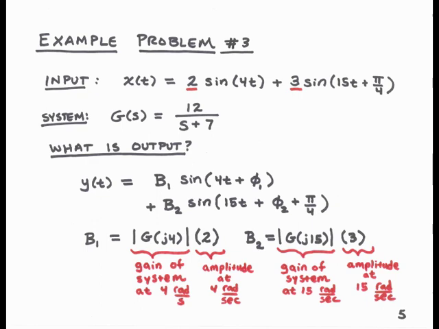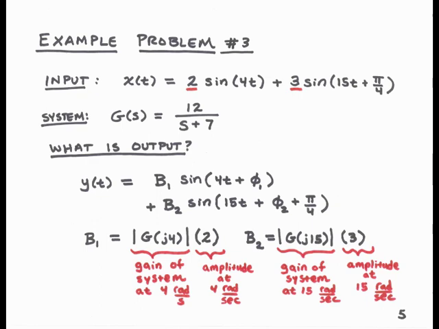We know from superposition that the output will be the sum of two sine waves, one at 4 radians per second and the other at 15 radians per second, because these are the frequencies that are present in the input. So we'll write a general form. y of t equals b1 sine(4t plus phi1) plus b2 sine(15t plus phi2 plus pi over 4).